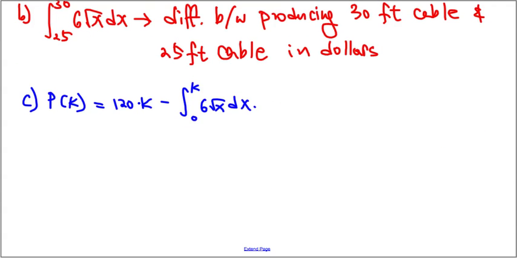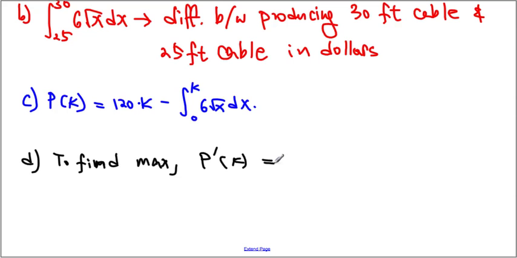So to find the maximum, we need to find P prime of K. What is P prime of K? In this case it becomes 120, and by, once again, the fundamental theorem of calculus, we end up getting minus 6 square root of K. Now, we can set this one equal to 0.